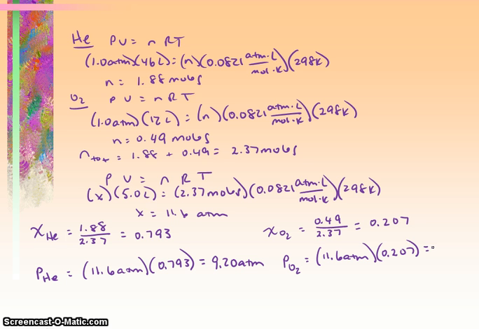And that'll give us a partial pressure for oxygen of 2.40 atm. And again, we can double check our answer because the partial pressure of helium plus the partial pressure of oxygen should give us the total pressure exerted by the mixture. And 9.20 plus 2.40 gives us 11.6.